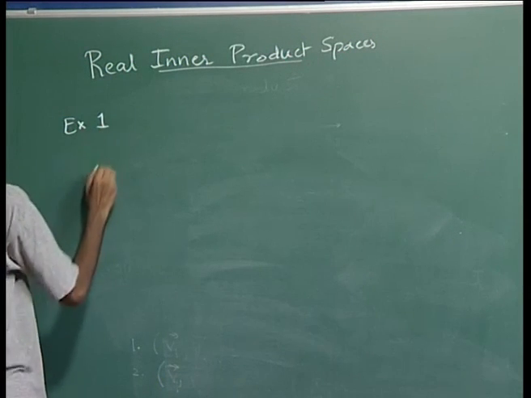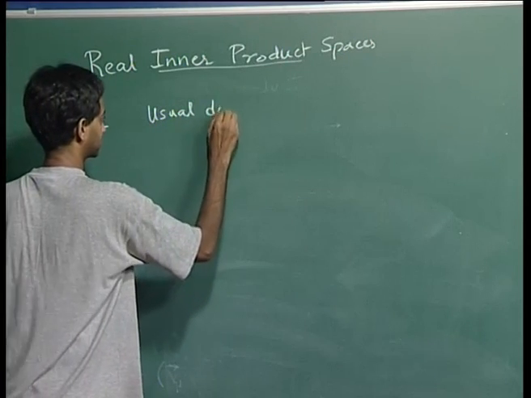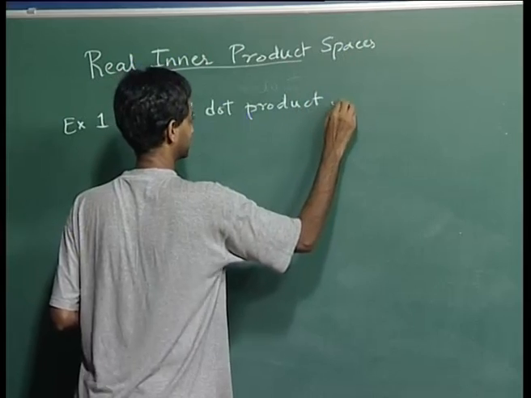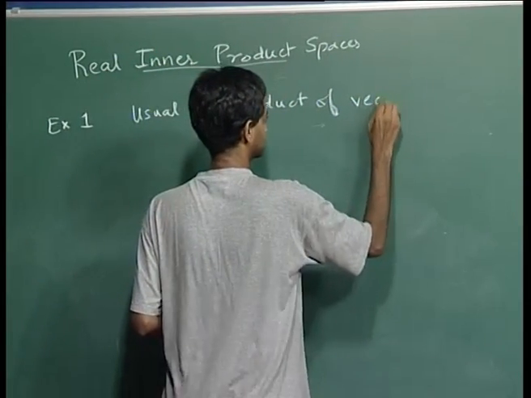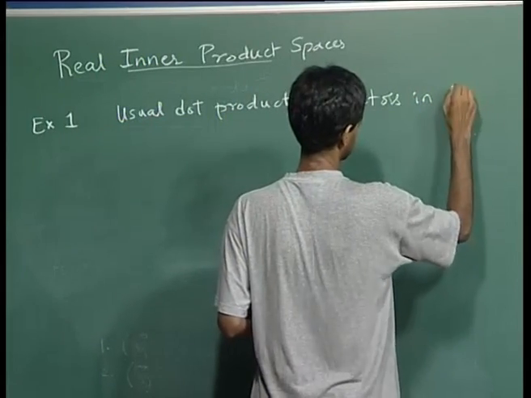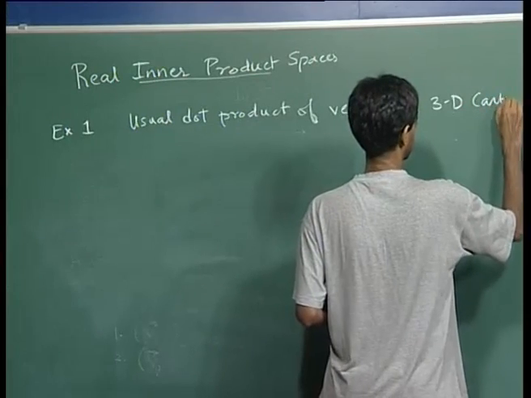Example 1 is the usual dot product of vectors in 3D Cartesian coordinates.